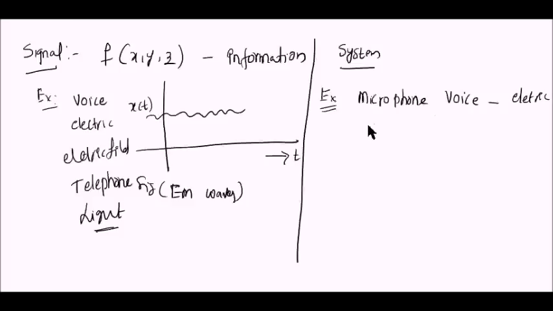Another example is a phone, which takes a wireless signal, that is an electromagnetic wave, as input and produces an image or ringtone, that means sound, as output. Another example of a system is the aircraft landing system.